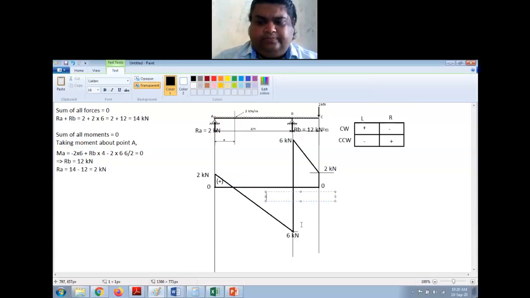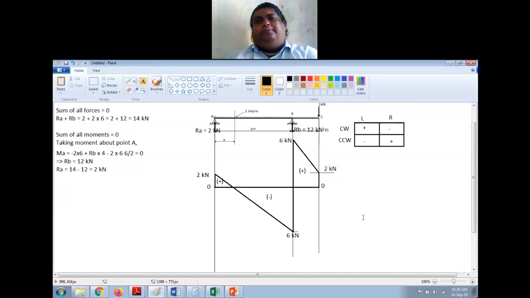This is negative shear force, and again here this is positive shear force. Okay, so now we have completed drawing the shear force diagram.